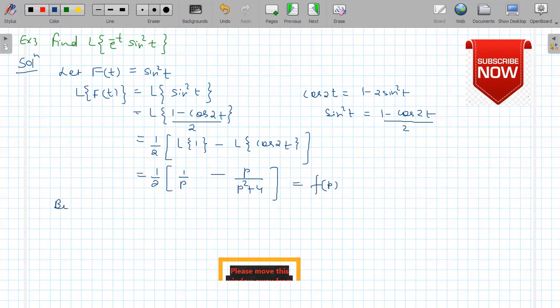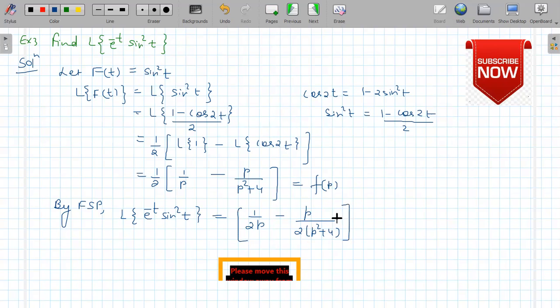So by the first shifting property, the Laplace transform of e raised to the power minus t sine square t will be equal to 1 upon 2p minus p upon 2 times p square plus 4, which is F(p).